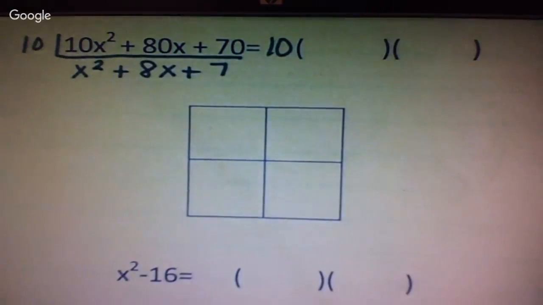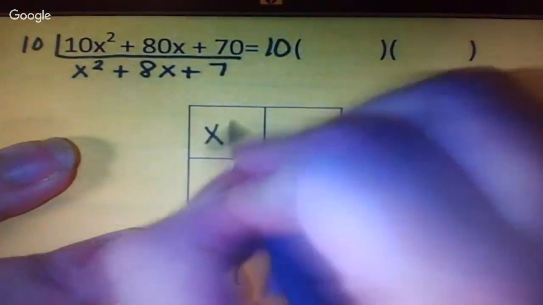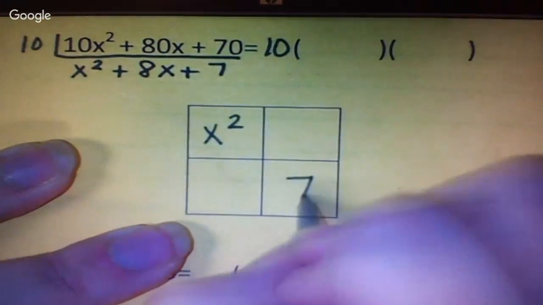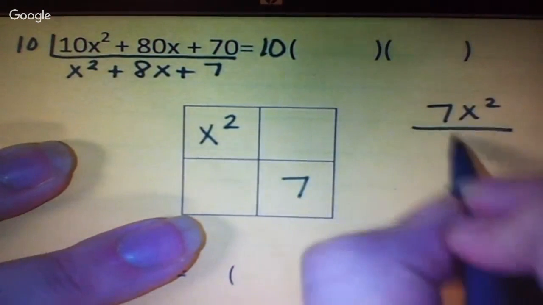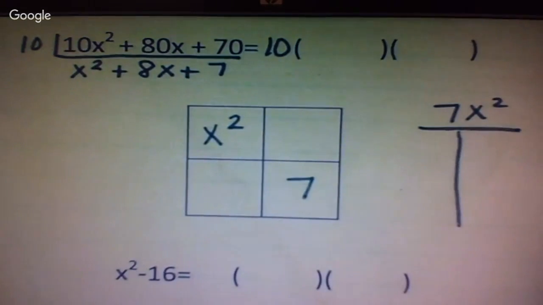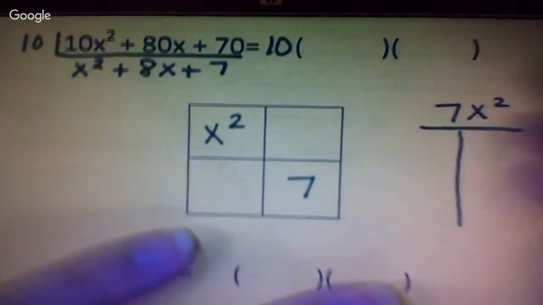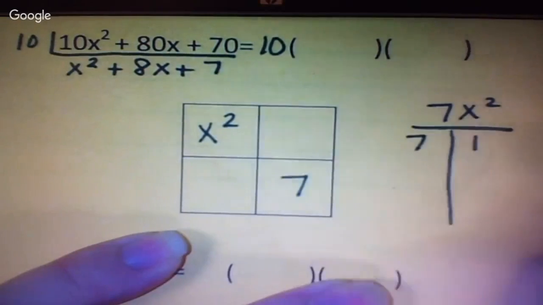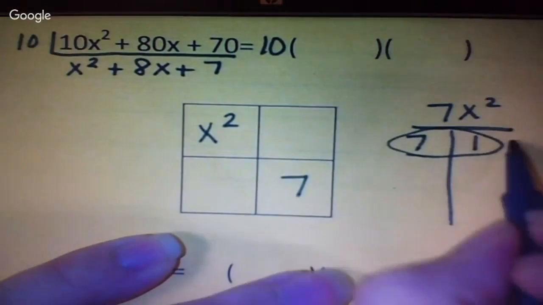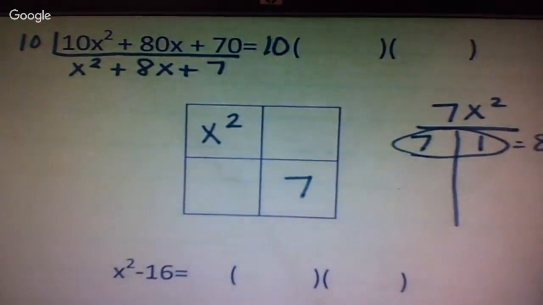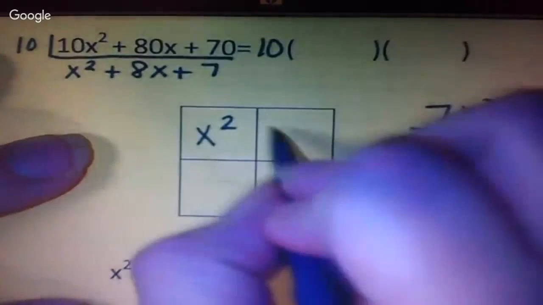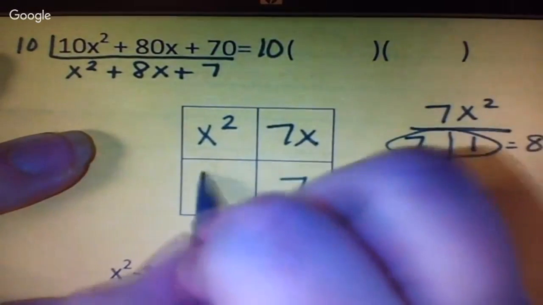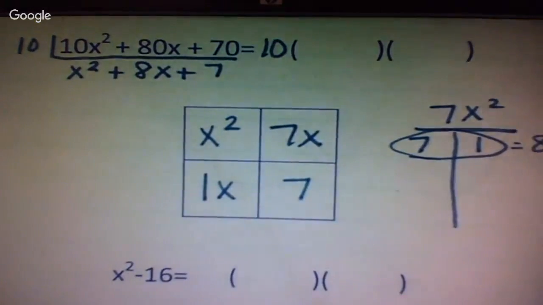Okay. So now we throw x squared here and 7 here. And I need to find factors of 7x squared. 7 and 1. Which equals 8. Okay. That goes together and that gives me 8. What are the signs of my 7 and 1 if my 8 is positive? Positive. Fantastic. So we've got 7x and 1x.